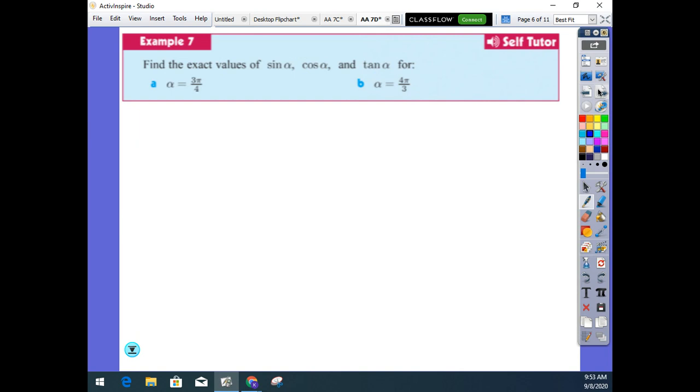Okay, so then we're going to use those to find exact values. So your first goal is to draw this correctly, 3/4 pi. So that's more than a half, but less than 1. So it's right here. If this is the angle itself, we're going to draw a triangle. What is our reference angle? If this is 3/4, this is 1/4.